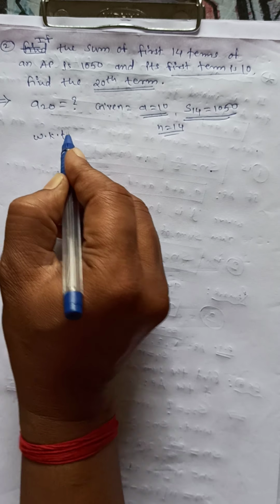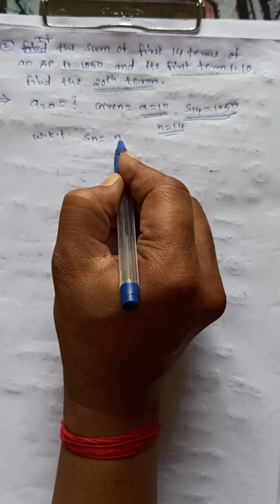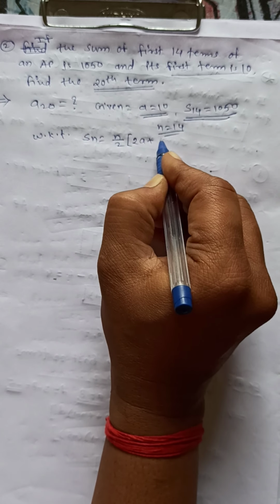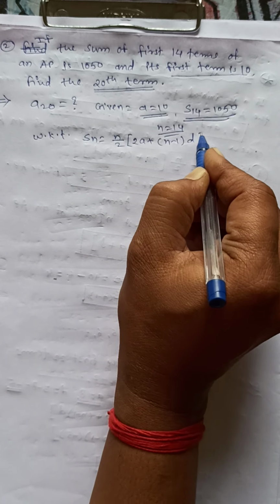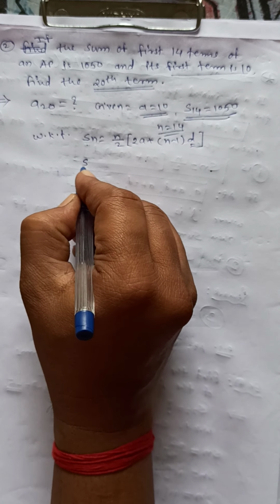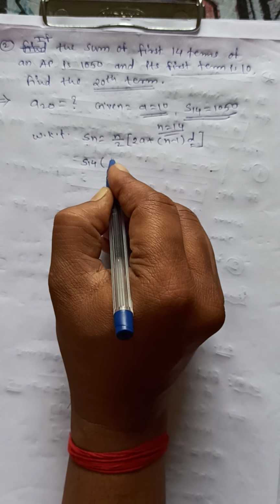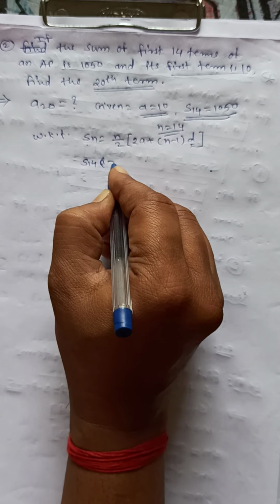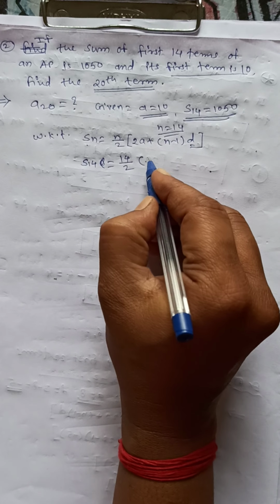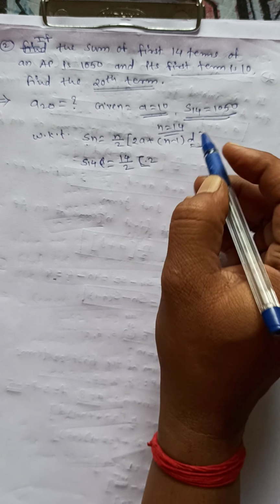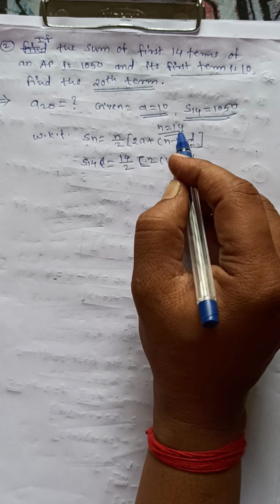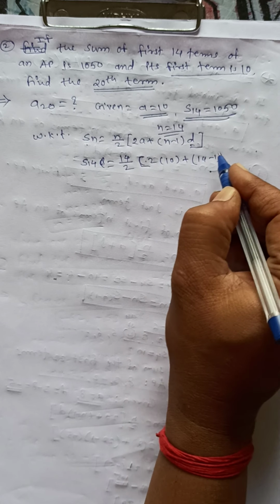We know the formula Sn is equal to n by 2 into (2a plus (n minus 1) into d). So this d I have to calculate. Here S14 is equal to 14 upon 2 into (2 into 10 plus (14 minus 1) d).